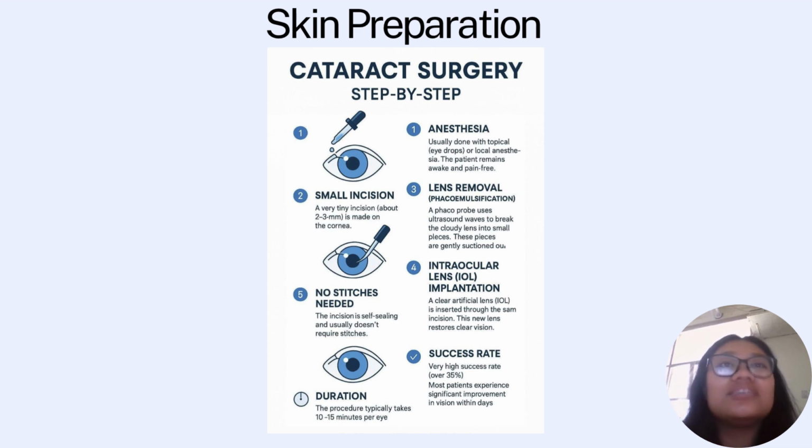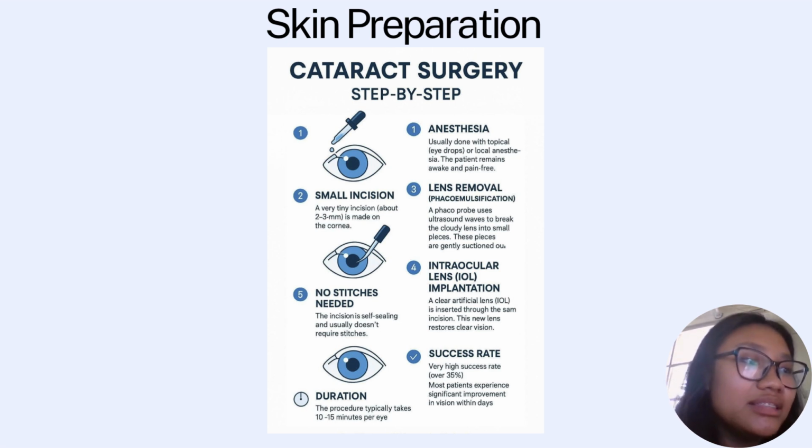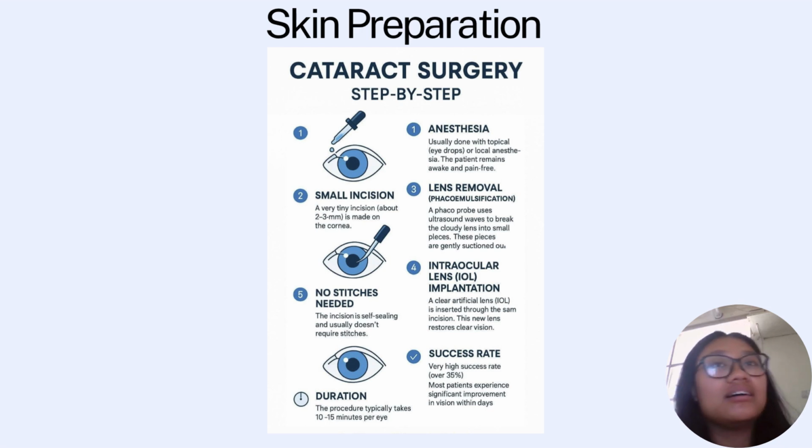Next, there is no stitches needed because it is a minimal invasive surgery only. And then usually the procedure typically takes 10 to 15 or up to 30 minutes per eye.